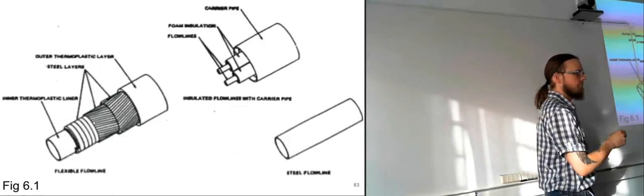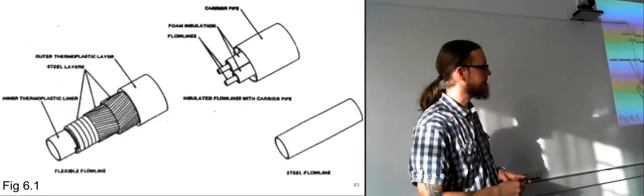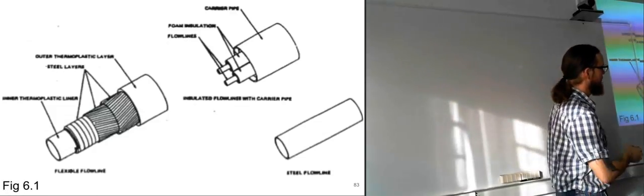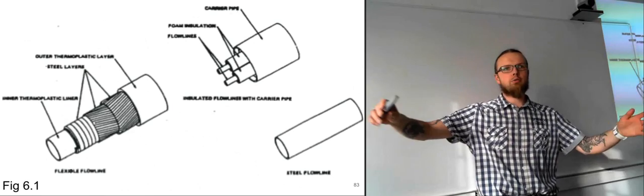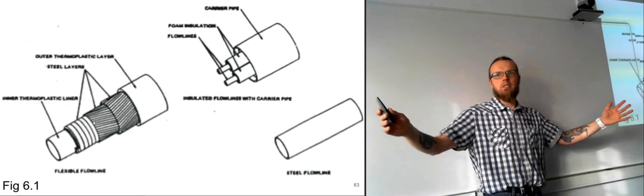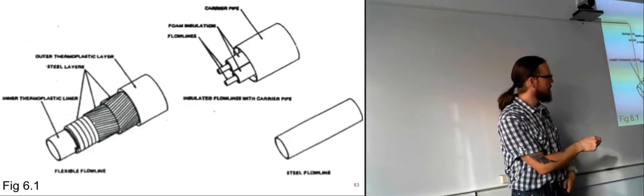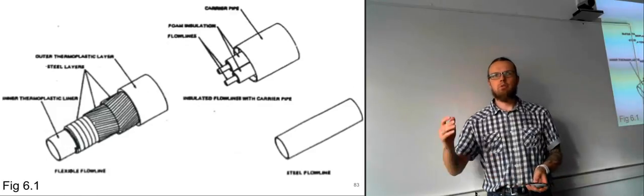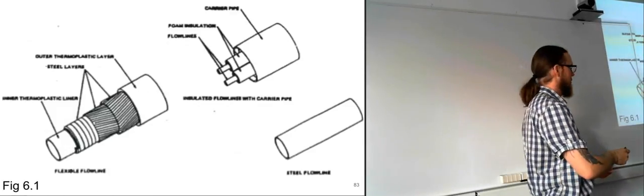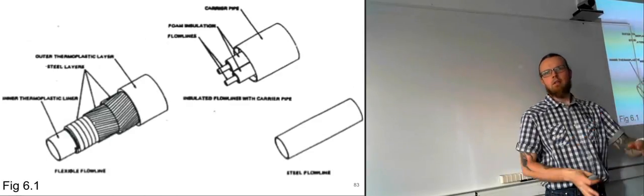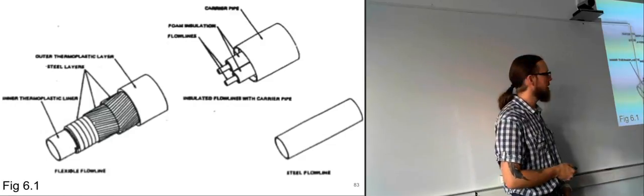So the flexible ones are used when you really need to be able to bend them. For the most part, you try to use the cheap ones if you can. So for the long stretches where you might have several hundred kilometers of pipeline flowing more or less in a straight line, you would go for the steel pipes. But as you are closing in on structures where you're going to hook it up, you might have to pull it at an angle in order to get it lined up for hooking it up to the structures.